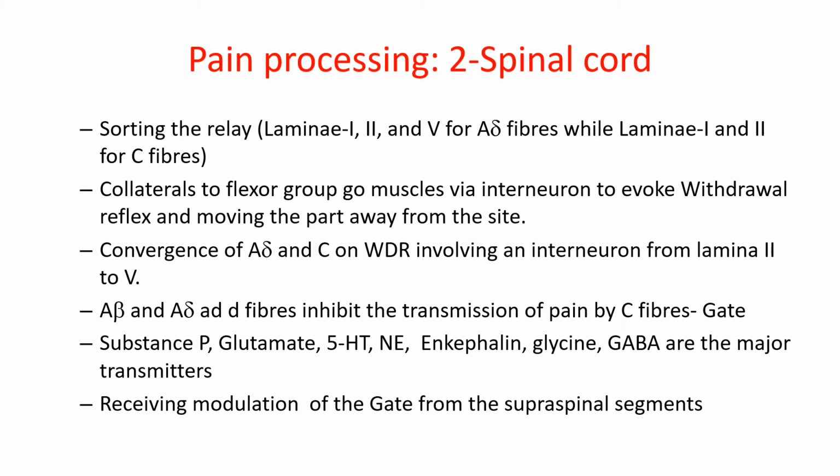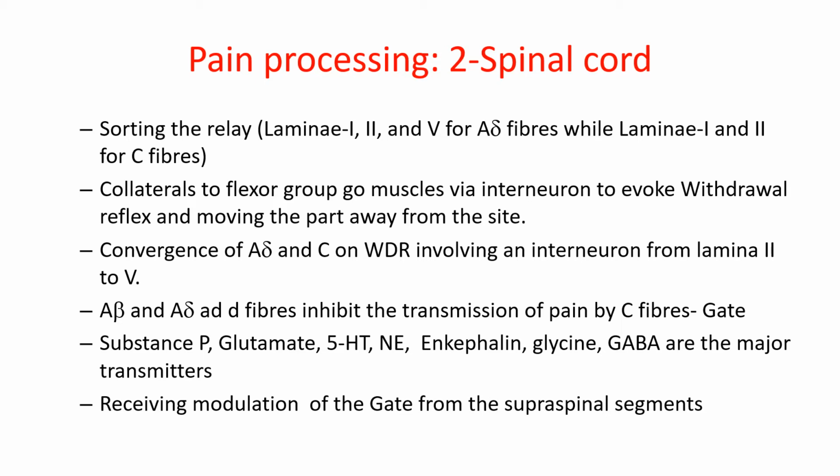From there, the collaterals reach the flexor group of motor neurons via an interneuron to evoke the withdrawal reflex, also known as the flexor reflex. This is to bring the motion so that the part affected is moved away from the site of noxious stimulus.